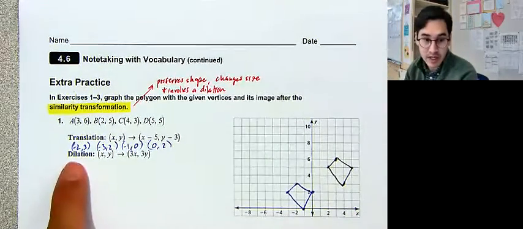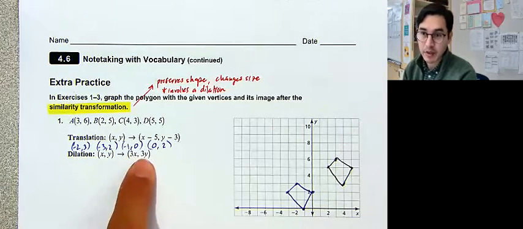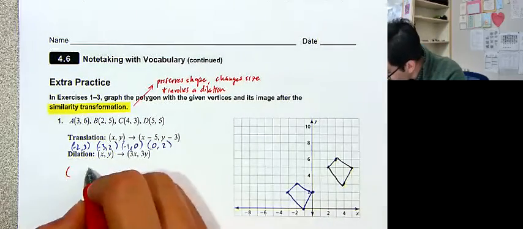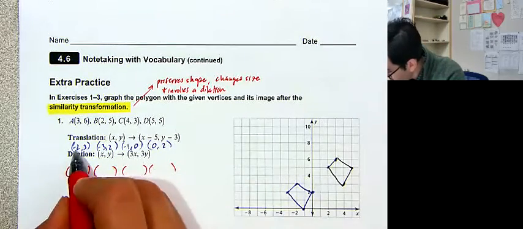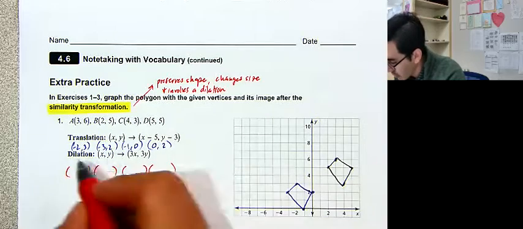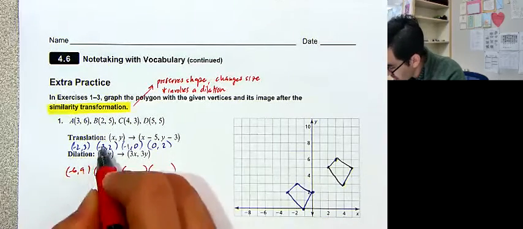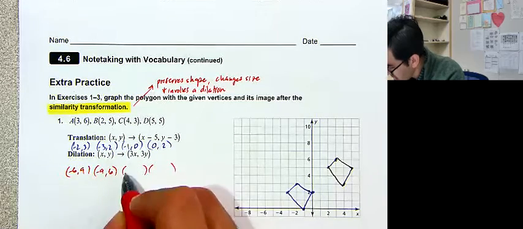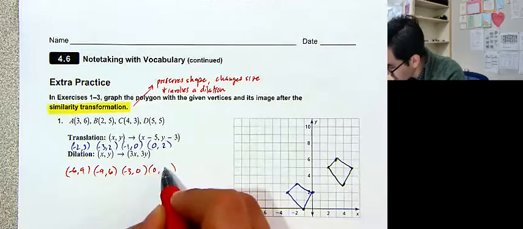And then lastly, we're going to do a dilation. We're going to multiply each x coordinate by 3 and multiply each y coordinate by 3. So basically everything's going to get multiplied by 3. So -2 times 3, 3 times 3, -3 times 3, 2 times 3, -1 times 3, 0 times 3, 0 times 3, and 2 times 3.